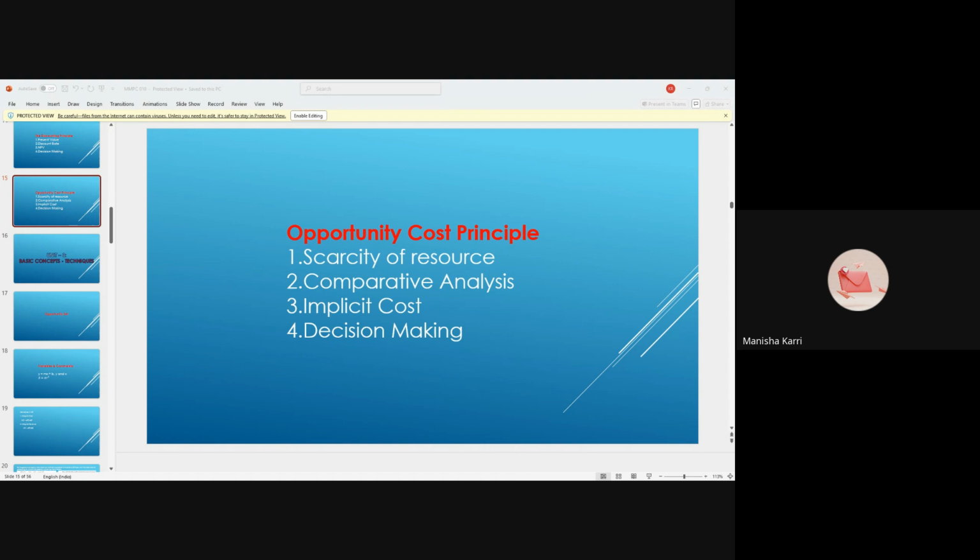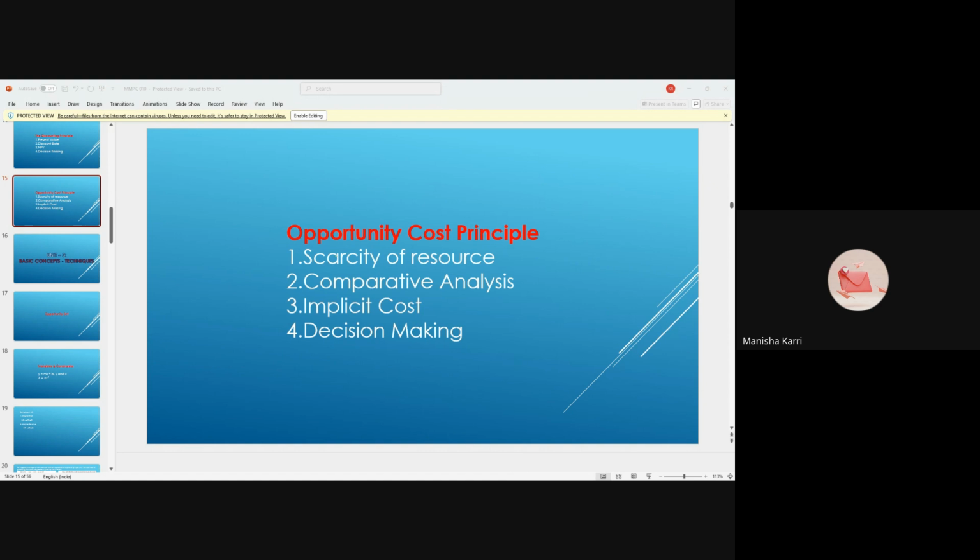Coming to comparative analysis, it is determined by comparing the benefits of the chosen option with the benefits of the next best alternative. It is not necessarily the monetary cost of the alternative, but the value that would have been derived from choosing that next alternative.